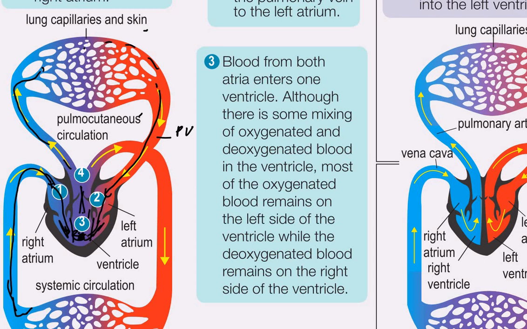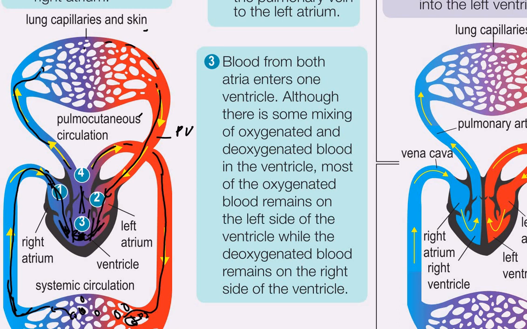And another one is the blood from the ventricle also will flow through the systemic circulation, where gas exchange also will occur with the cells. So the cells will get the oxygen from the blood, and then the cells also will produce CO2. CO2 will diffuse into the blood capillaries, and this blood then flows back to the heart through the right atrium.